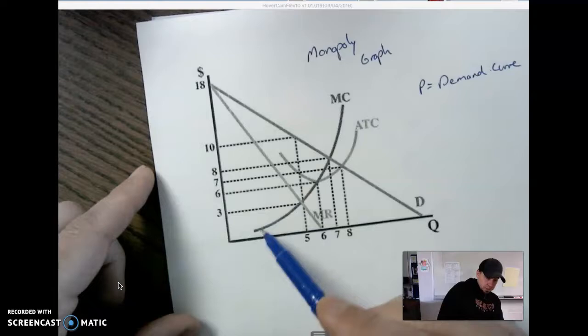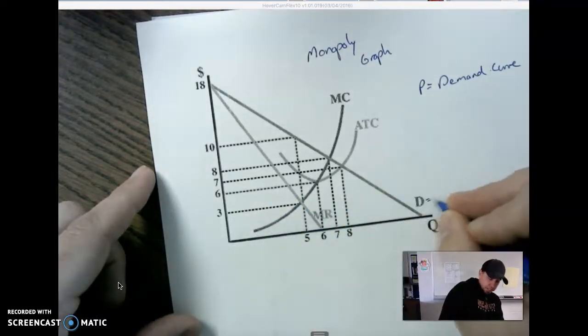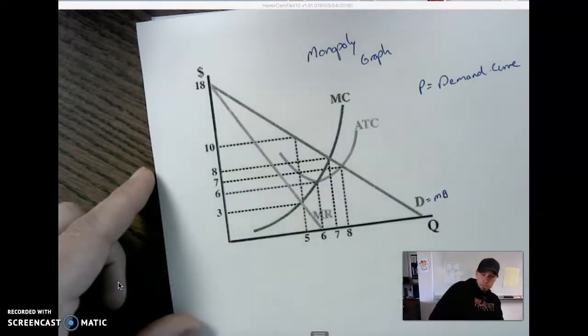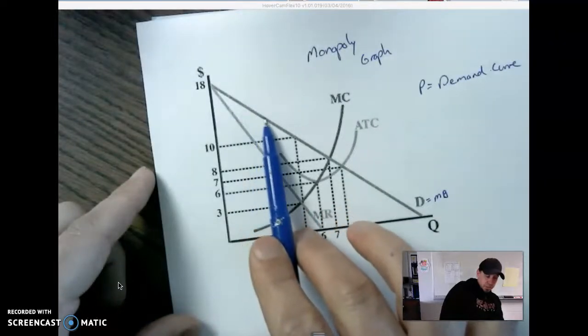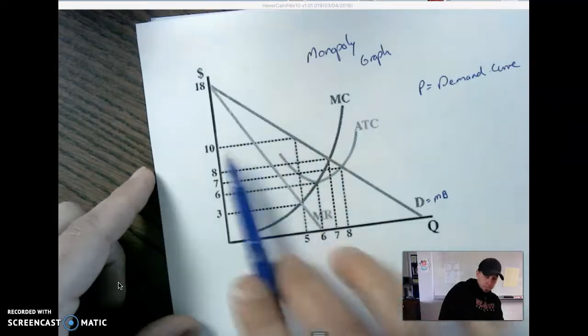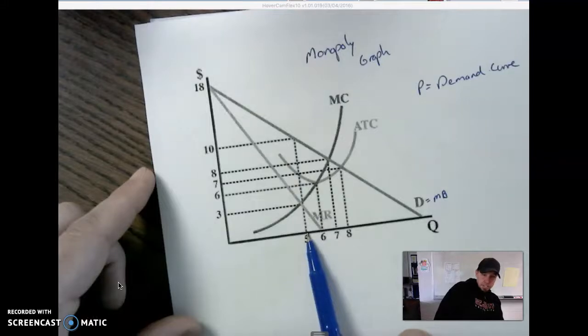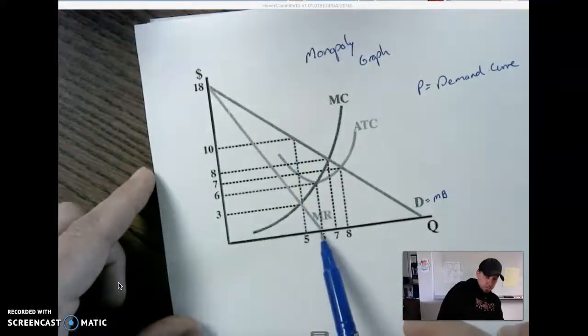So we got a couple other curves and graphs on here. The marginal cost curve. If you think about the demand curve as the marginal benefit curve, the marginal utility curve, it shows the willingness that consumers have to purchase a good. At $10, they're willing to purchase 5, and that is based on their marginal benefit as they purchase a unit.